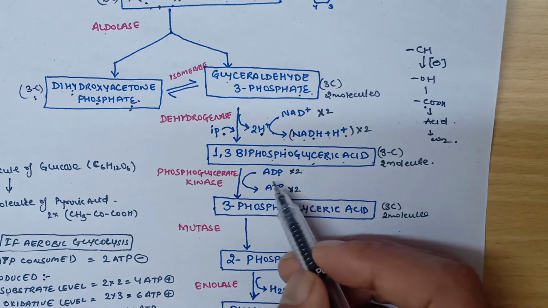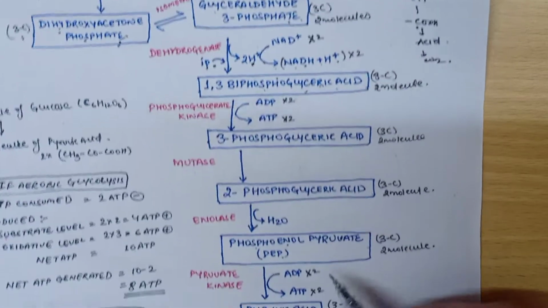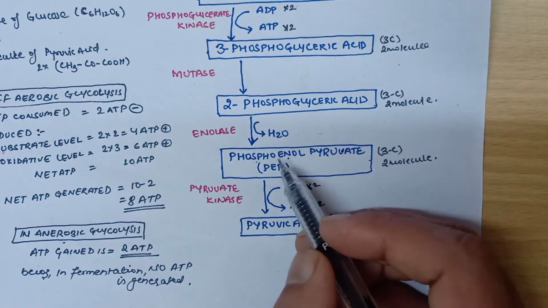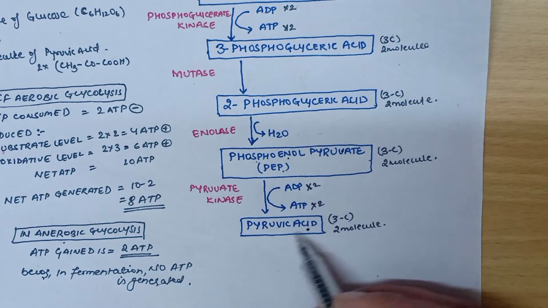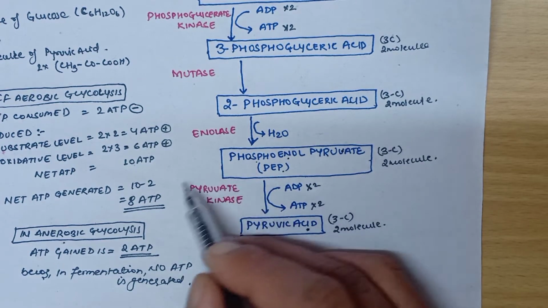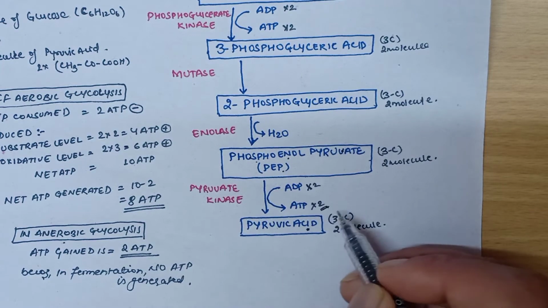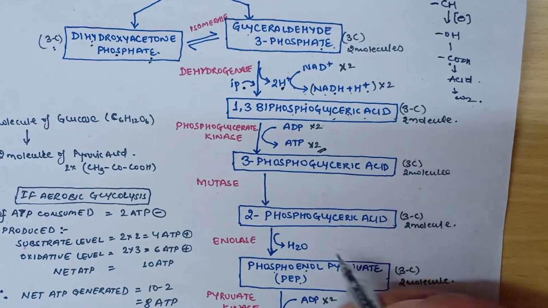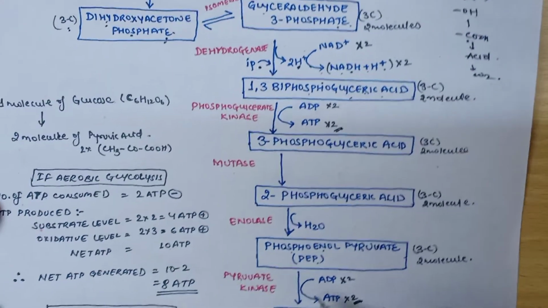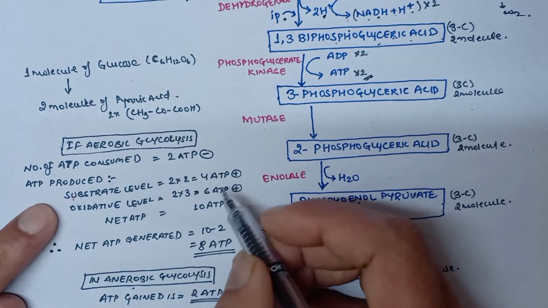Here 2 molecules of ATP are produced. Also ATP is produced during the conversion of phosphoenol pyruvate to pyruvic acid in the presence of pyruvate kinase. So 2 molecules of ATP are formed here, and 2 molecules of ATP are formed here. So there are a total of 4 ATPs produced at the substrate level.